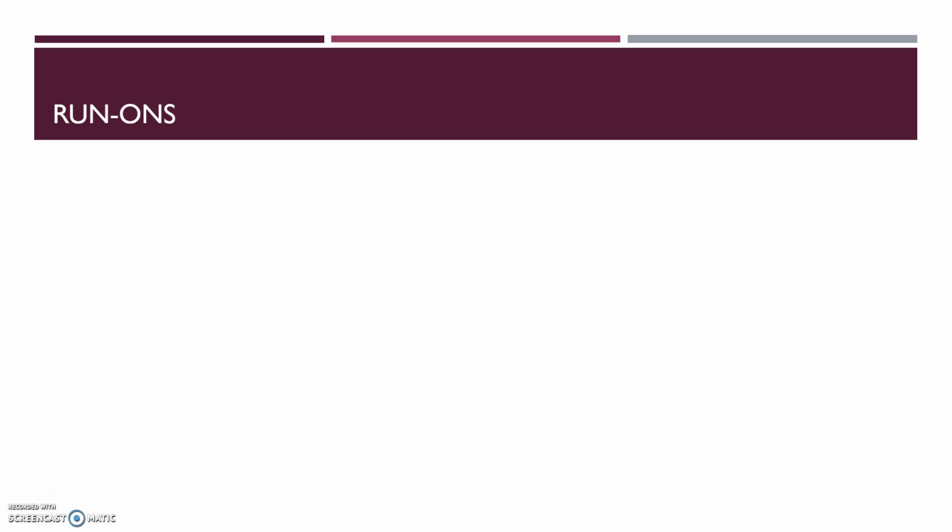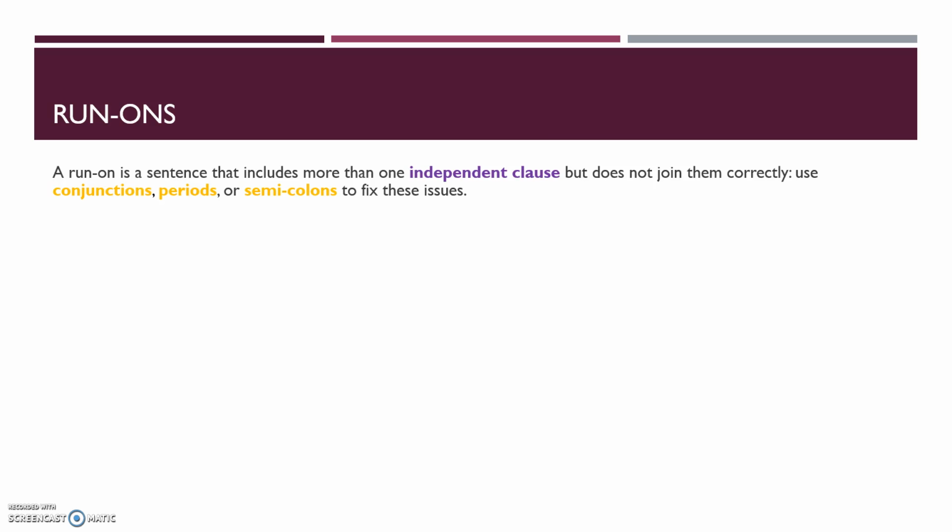Run-ons are sort of like the opposite problem. It's when you have too many subjects or verbs or too many independent clauses in one sentence. In this case, you need to be able to join them correctly using conjunctions like and, but, for, so, nor, yet, or periods or semicolons. Here's an example. I gave a student an F, my tires got slashed.